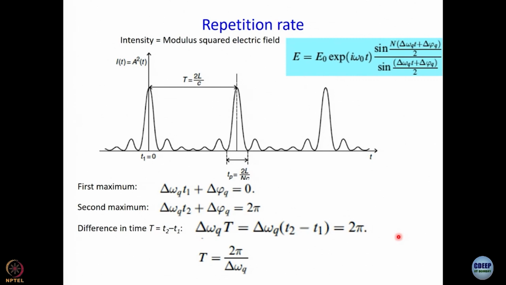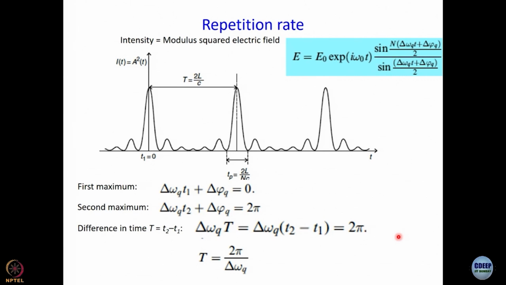Now, again we come back to what we promised is going to be useful later on; that time has come. What is delta omega q? Delta is difference, omega is angular frequency. So, it is the difference in angular frequency between what and what? Two consecutive longitudinal modes, very good. And we already know some quantity associated with it, we know delta nu, and the relationship between delta nu and delta omega.